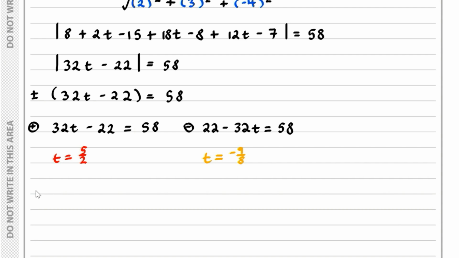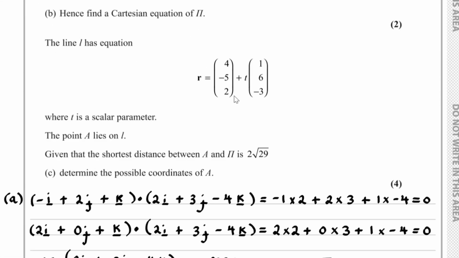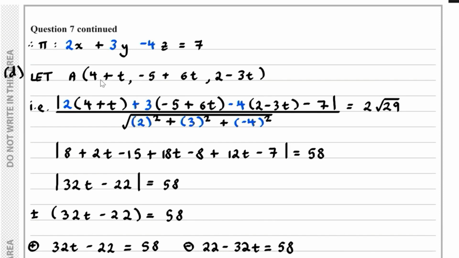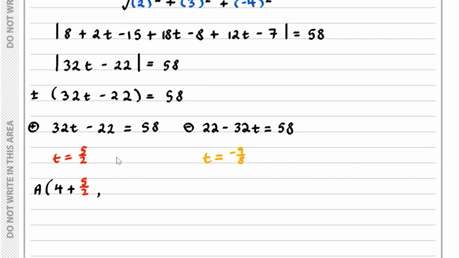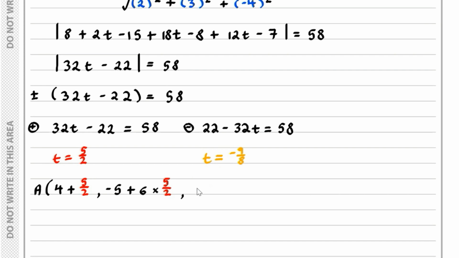So from here, a would equal, well, we have 4 plus 5/2. That's the coordinate. So we said a was this here. Then we've got minus 5 plus 6 lots of 5/2. And then we have 2 minus 3t. So we've got 2 minus 3 lots of 5/2.